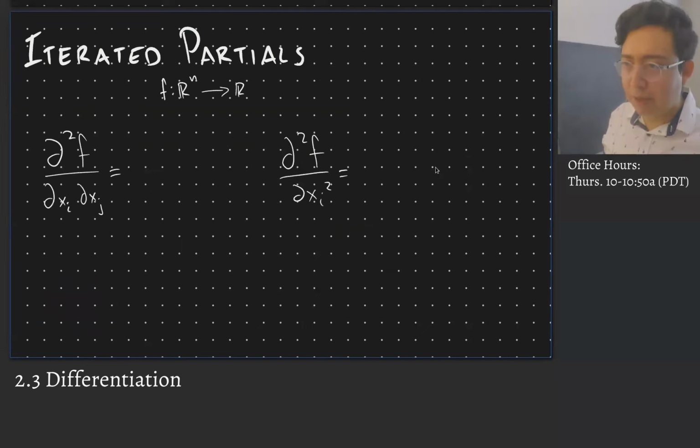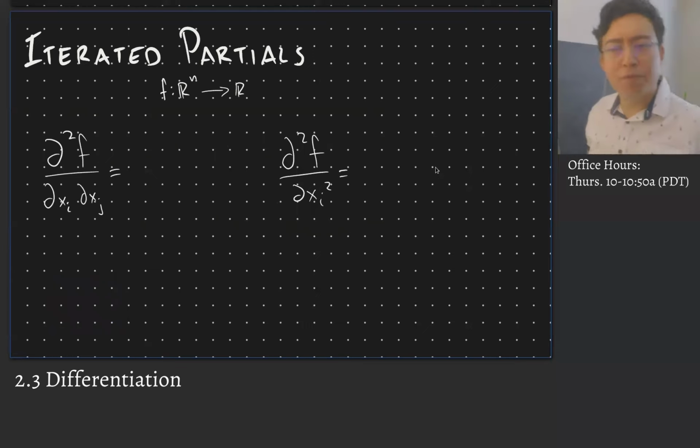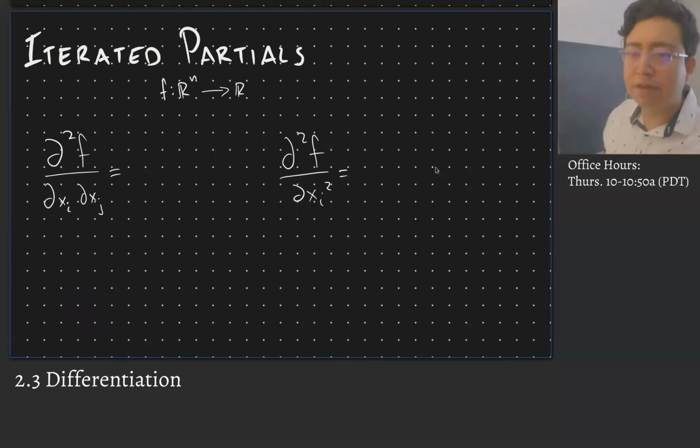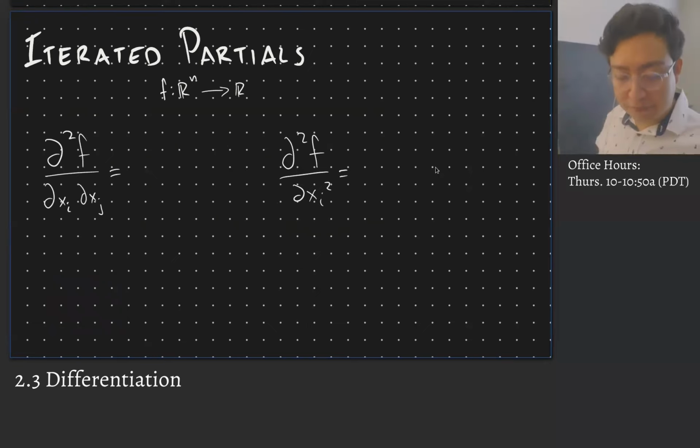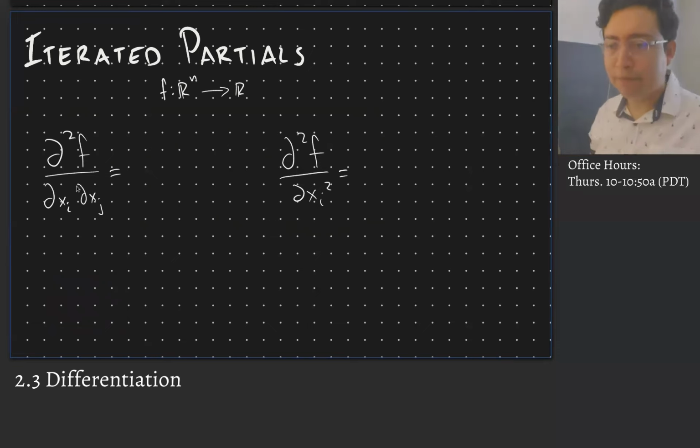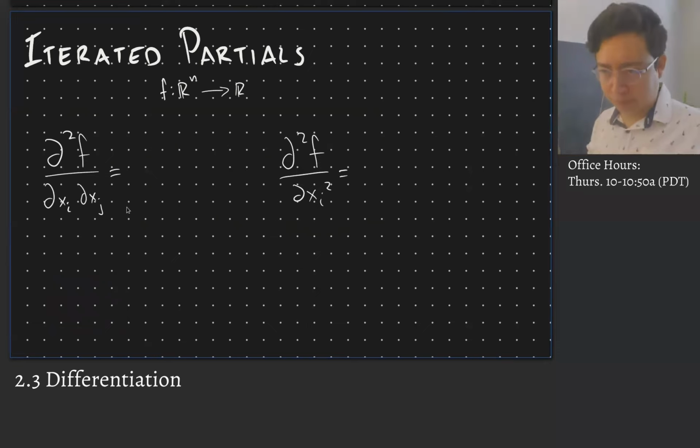We'll start by looking at scalar valued functions, but as we've seen many times at this point, if you have a vector valued function, you can break it down into components, which are the scalar valued parts. So we can take what we would call second derivatives. This is an interesting new notation.